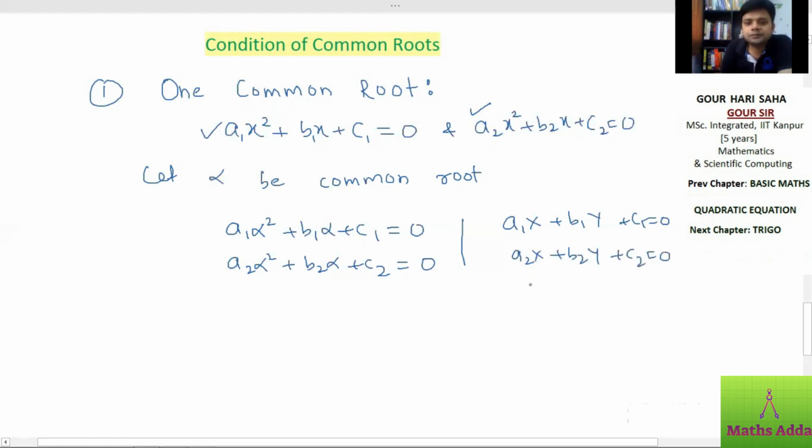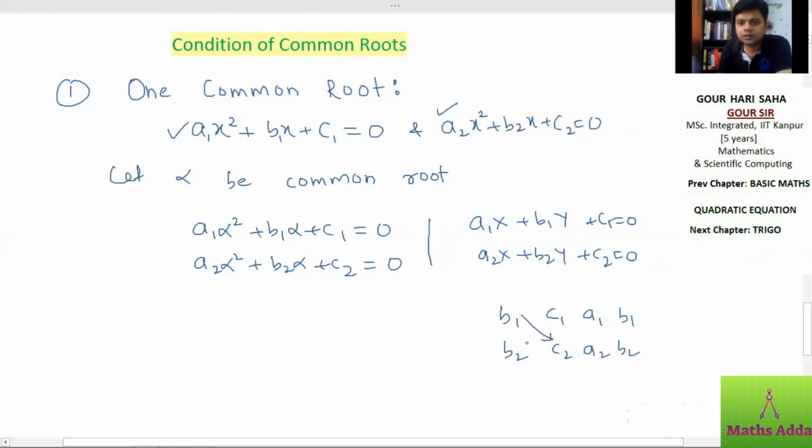You remember the cross multiplication method, that is what we used to do. It is b1 c1 a1 b1 and then b2 c2 a2 b2 and then cross multiply, cross multiply, cross multiply, right. This is x, this is y and this is 1.